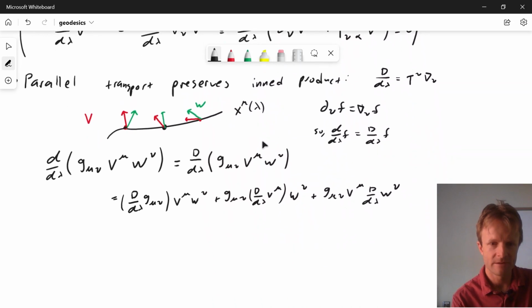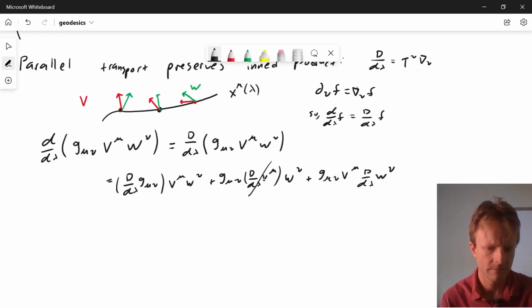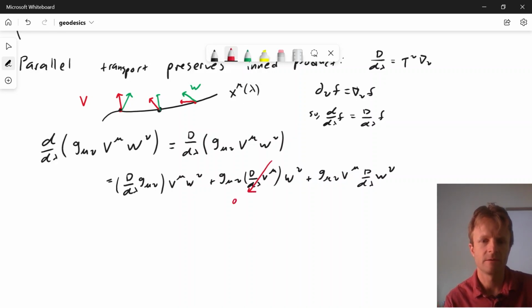And now what do we do? Well, by the assumption of parallel transport, so this red one is parallel. So this is 0 by assumption that V is parallel transported, right?